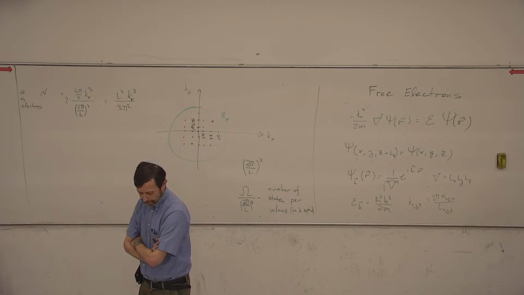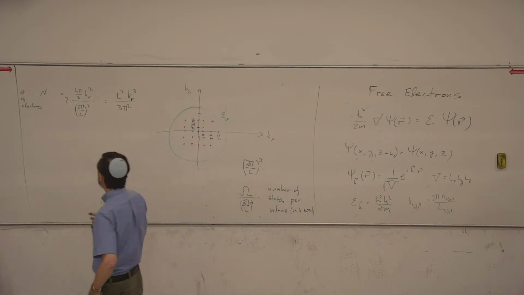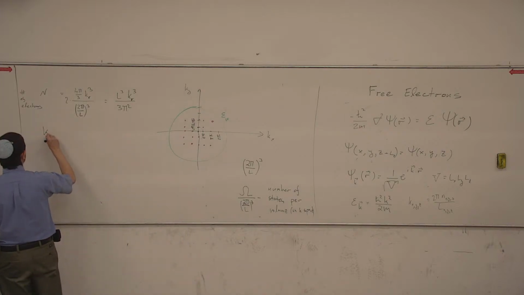Well, you can write it the other way around. What is K for me?